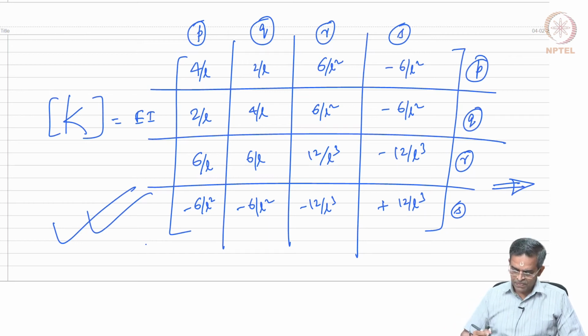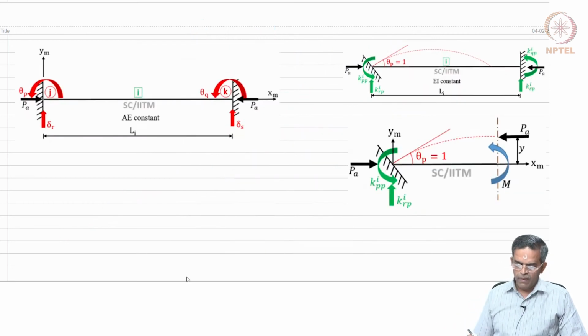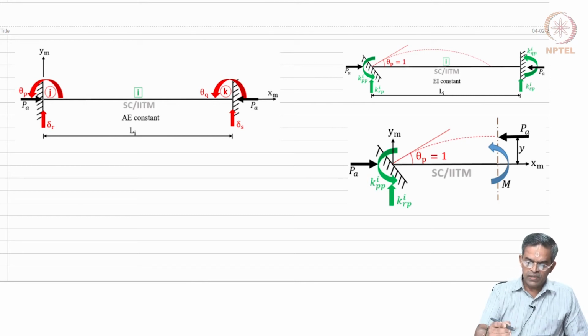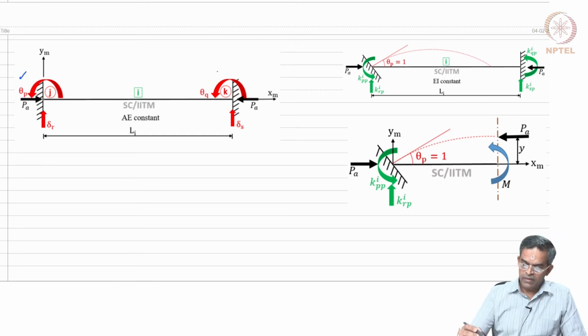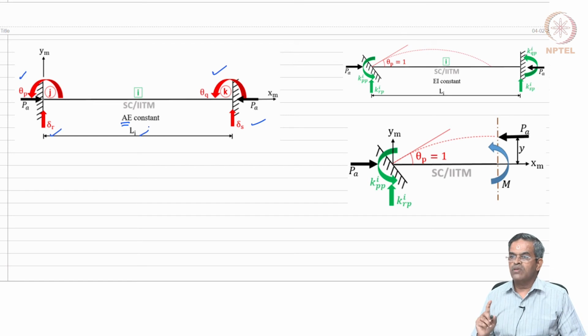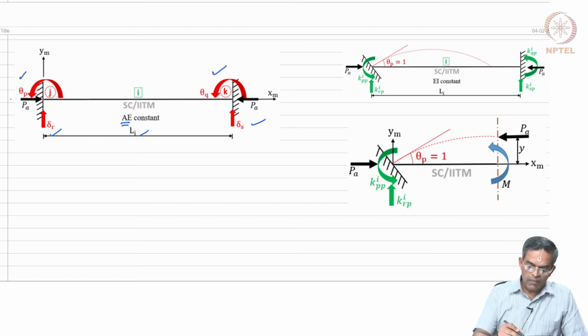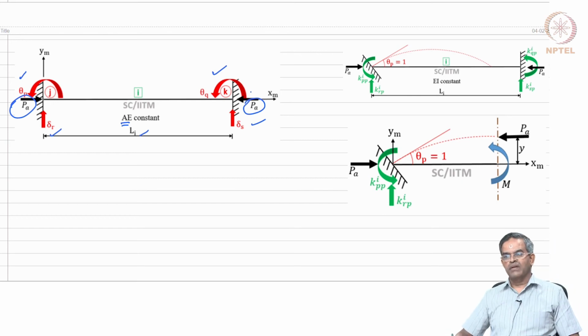We took the same fixed beam, with theta p, theta q, del r and del s, and A, E, L, I and so on, but we added one new concept here. Because I am studying stability, we applied an axial force.